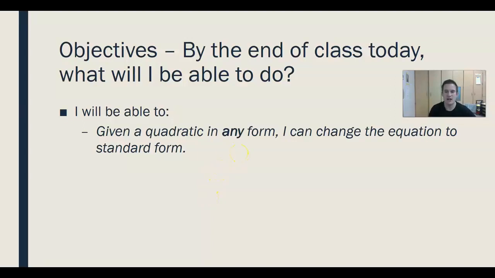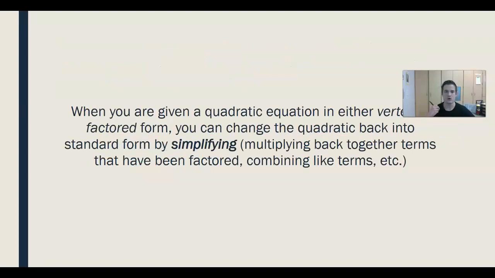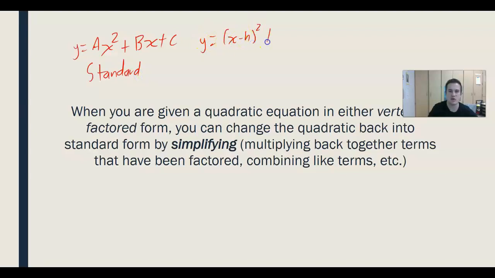So, one objective by the end of class today: given a quadratic in any form, I want you to be able to change that equation to standard form. Remember what standard form is. Standard form is going to look like this: y equals ax squared plus bx plus c. If I'm given something like y equals (x minus h) squared plus k, that's going to be in vertex form.